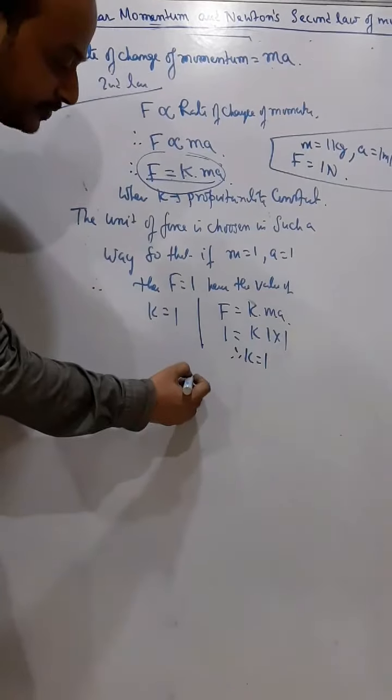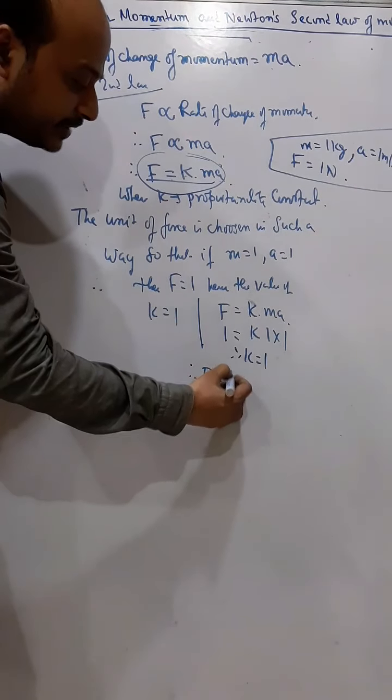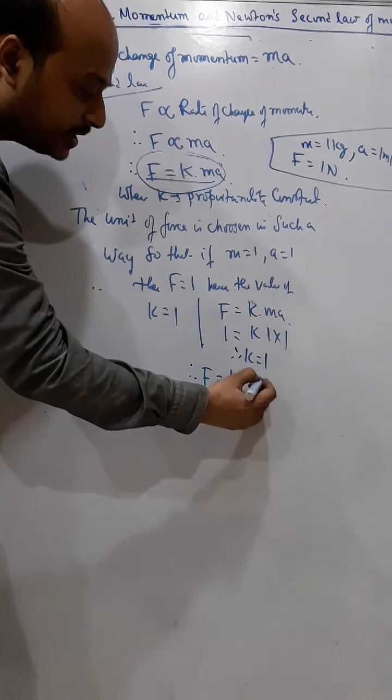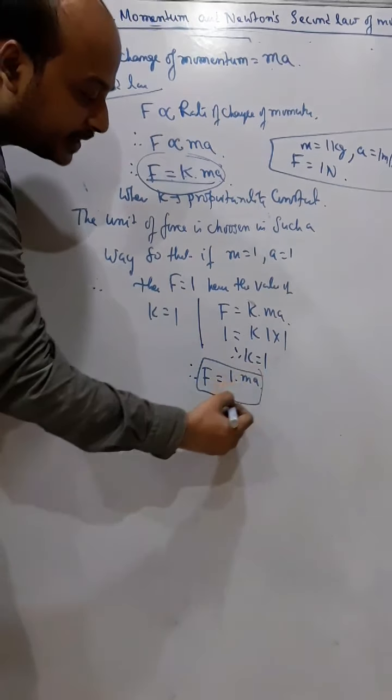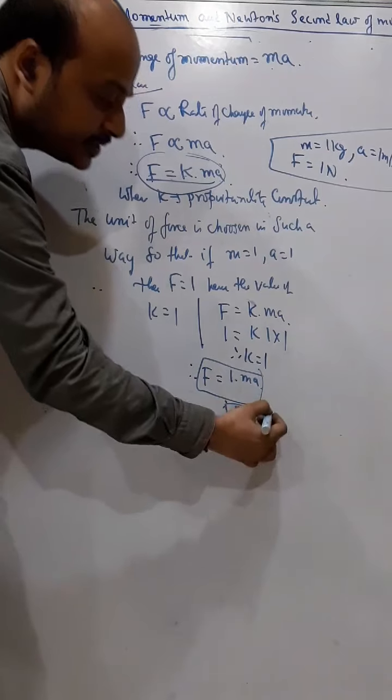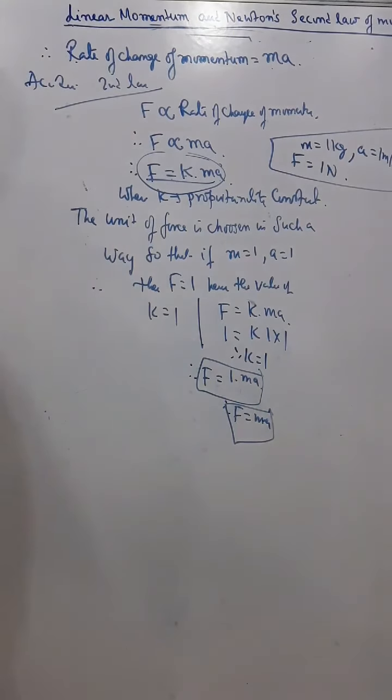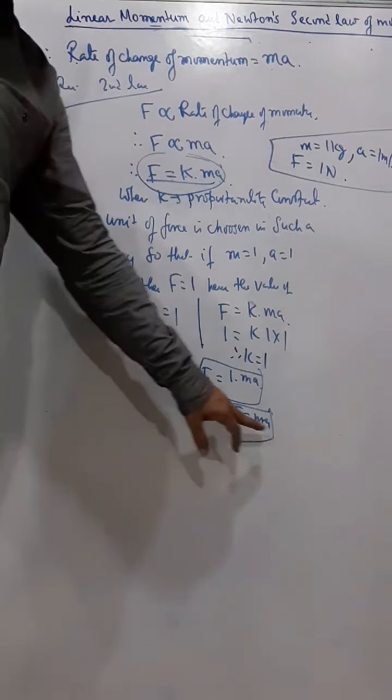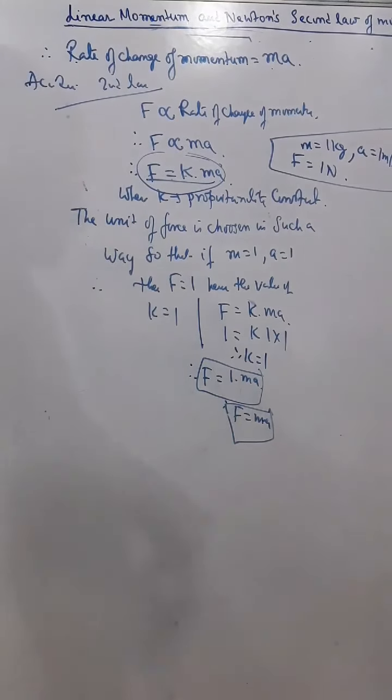So finally F equals 1 into ma, and we get F equals m into a, mass into acceleration. So finally we can say that force is equal to mass into acceleration. Understand? Okay.